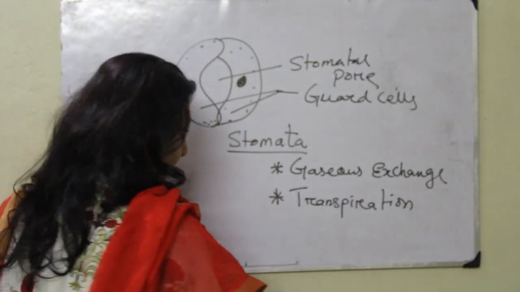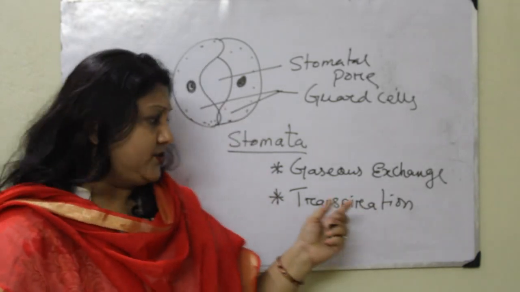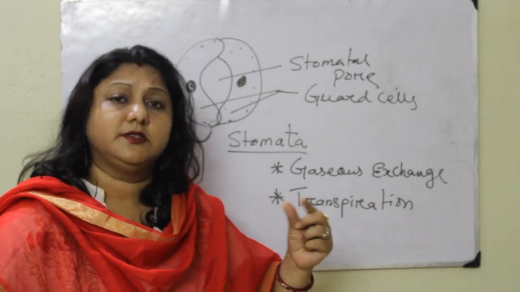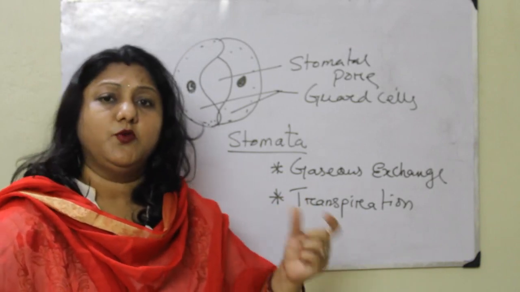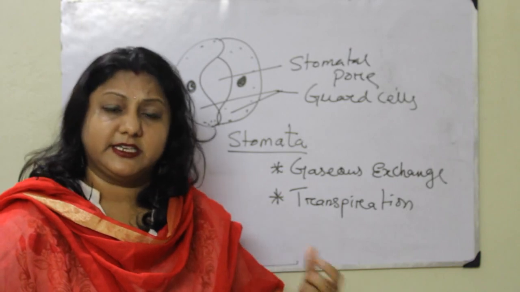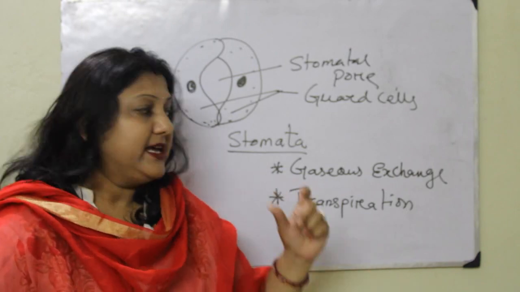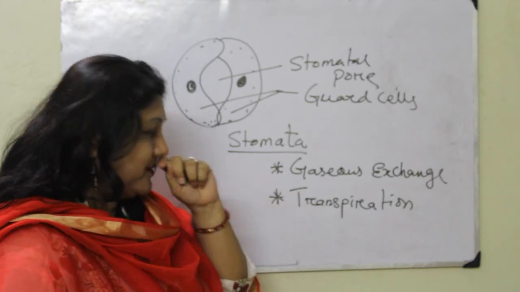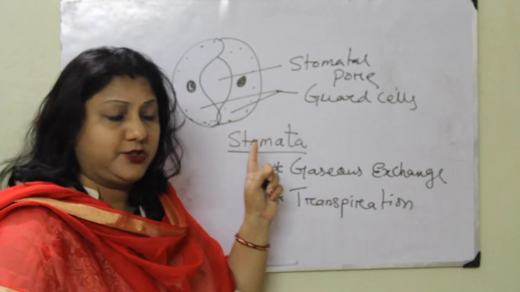This particular structure maintains the temperature, because once transpiration is its function, then it will maintain the water level, the temperature, and the water loss. Everything is related to stomata.